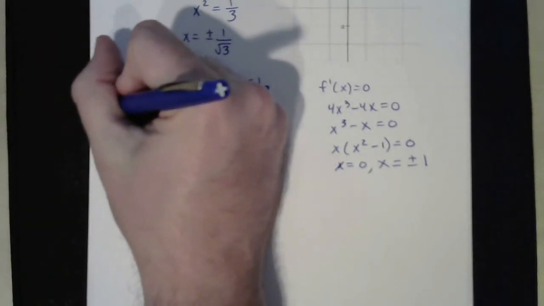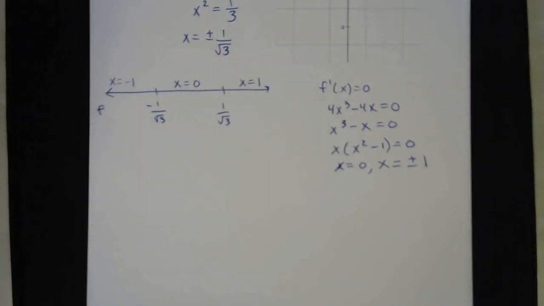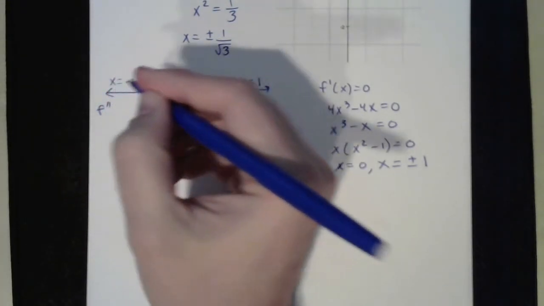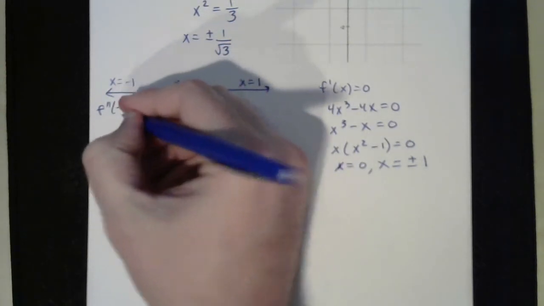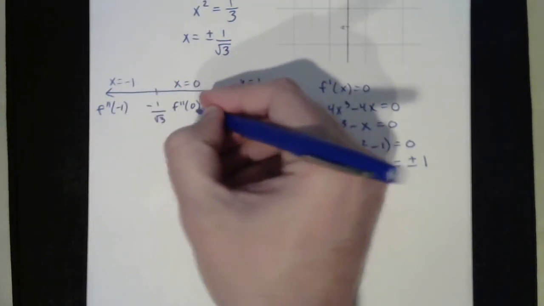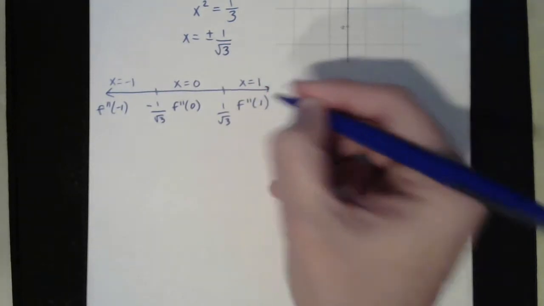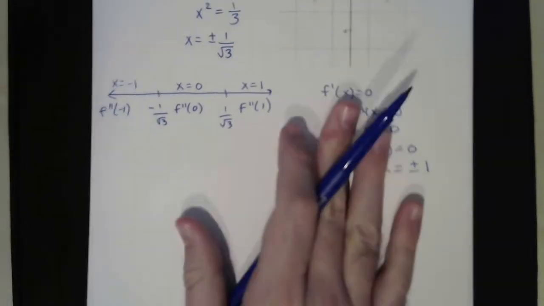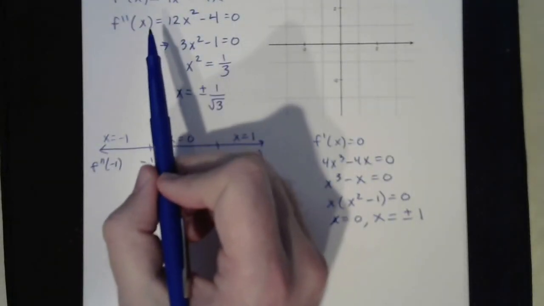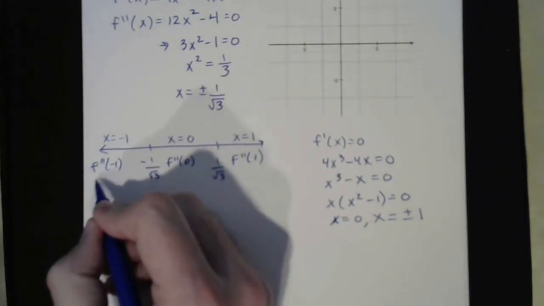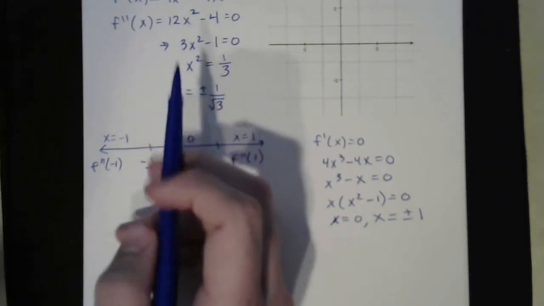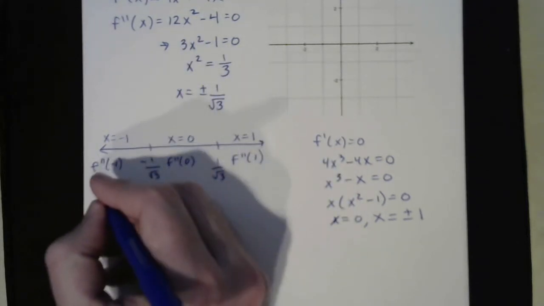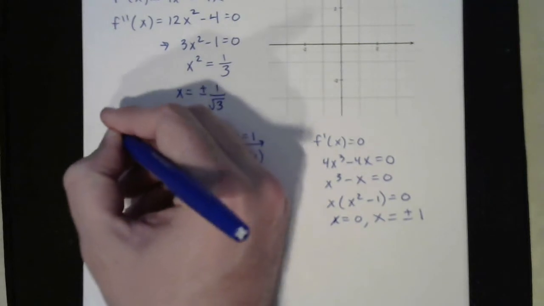And then we test our second derivative here: f double prime of -1, f double prime of 0, and f double prime of 1. Again, we don't care what these numbers are, we're just plugging them back into the second derivative. When you plug -1 back in, you get 12 minus 4, that's 8, that's positive, so we're concave up.